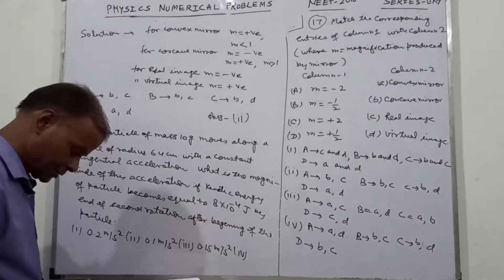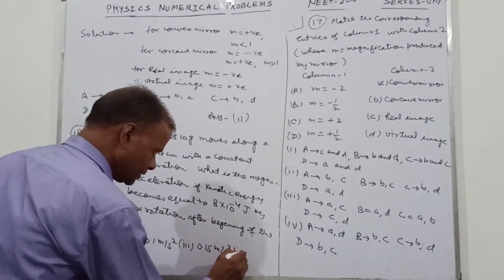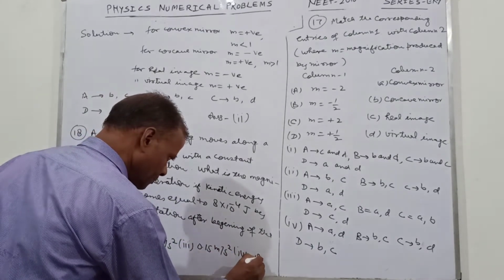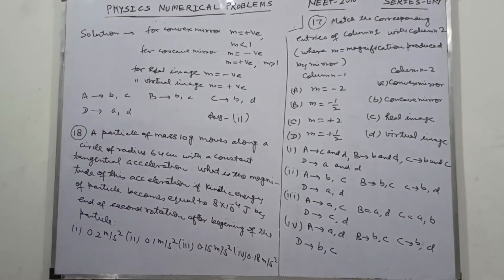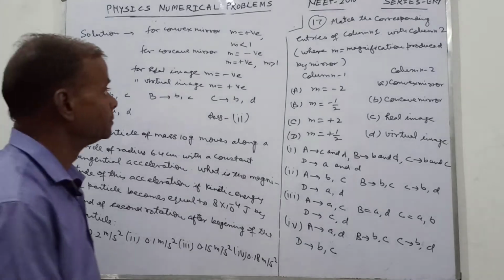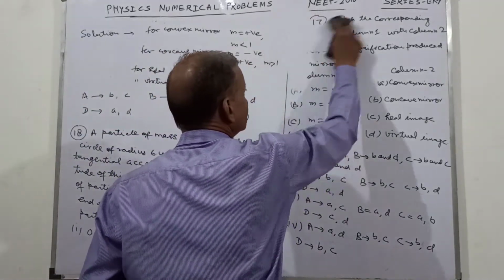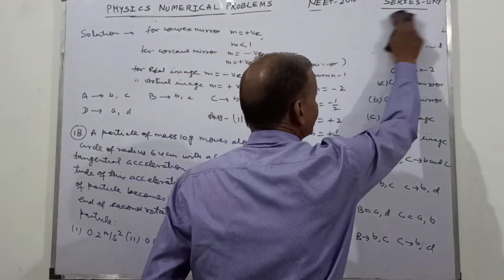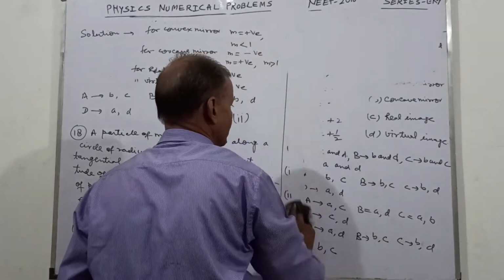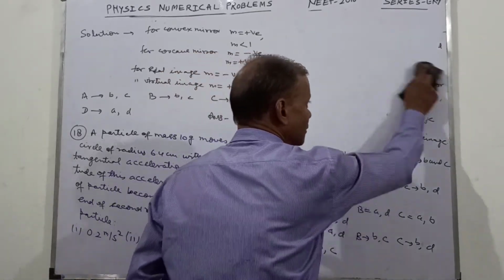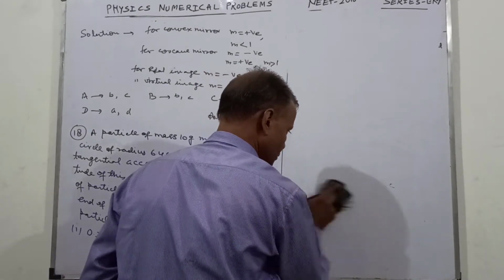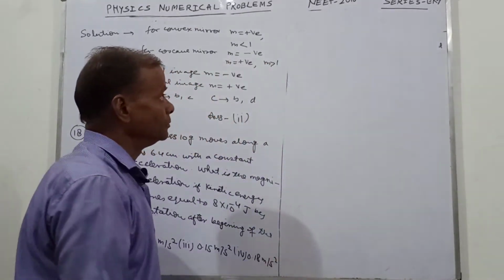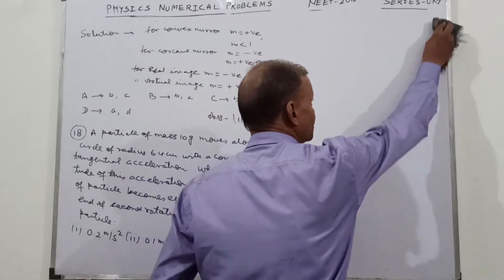And fourth is 0.18 meter per second square. These are the given options. Now this question has been taken from circular motion.